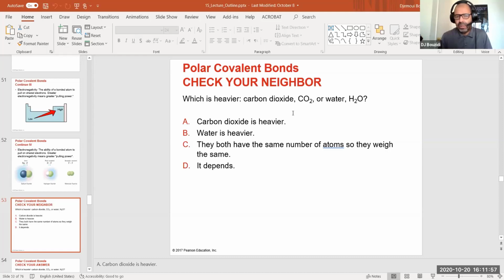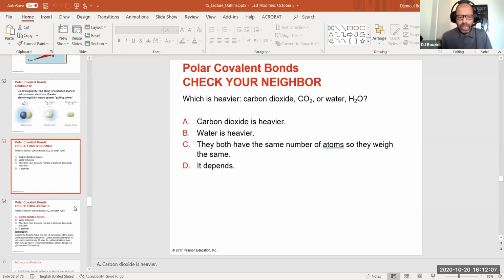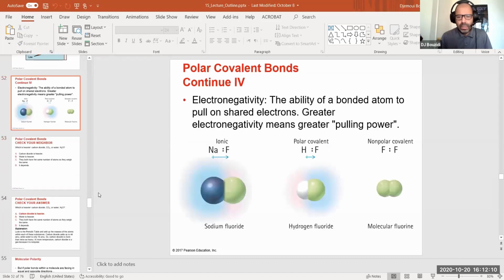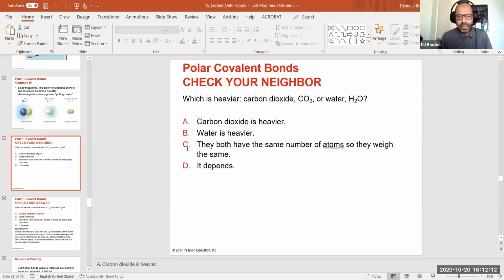So which one is heavier? Definitely carbon dioxide is heavier than water. That's the correct answer to this question, and there is no question about it. So why does it behave this way? Water is liquid, whereas the other one is gas.